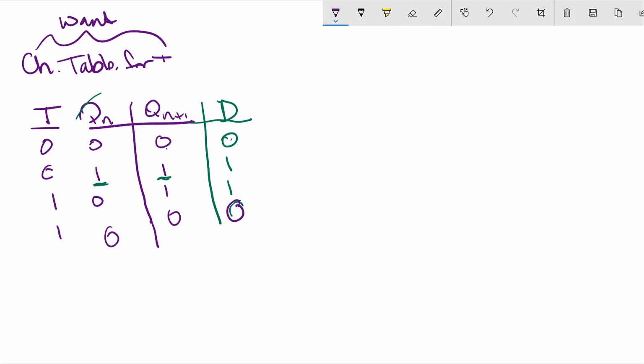All right, so now we can make a K-map out of this. So we're going to compare these inputs right here to the D output.